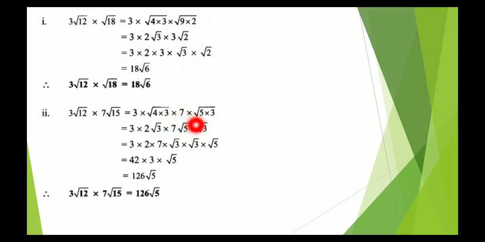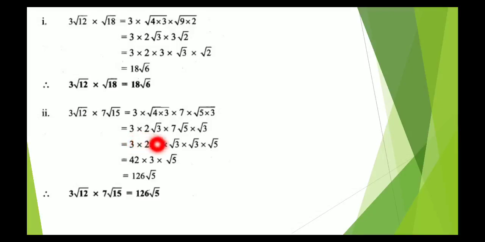Root 15 can be written as 5 multiply by 3. 3 multiply square root of 4 is 2, and square root of 3 multiply root 7 root 5 multiply root 3. So we will write the numbers and the root numbers separately.